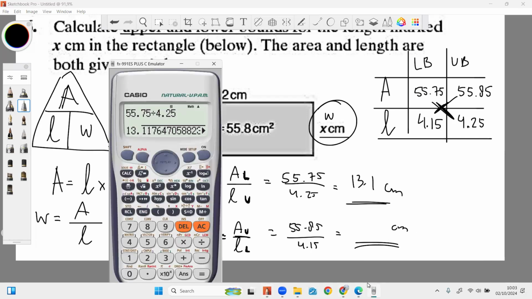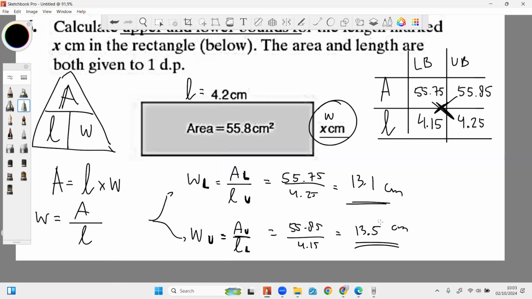Yep, three sig fig, and then 55.85 divided by 4.15 you get 13.5. See, upper bound, lower bound. If you want to put in the inequality form, close with cm. Yeah, that's the way you do.